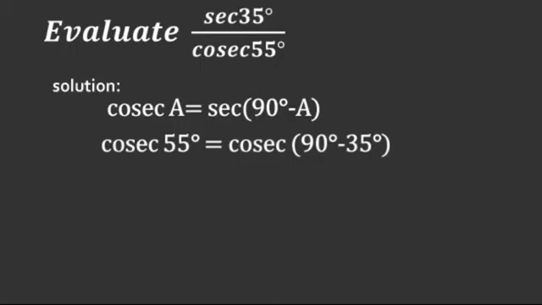But cosecant 90 minus 35 equal to secant 35. So cosecant 55 degrees is equal to secant 35 degrees.